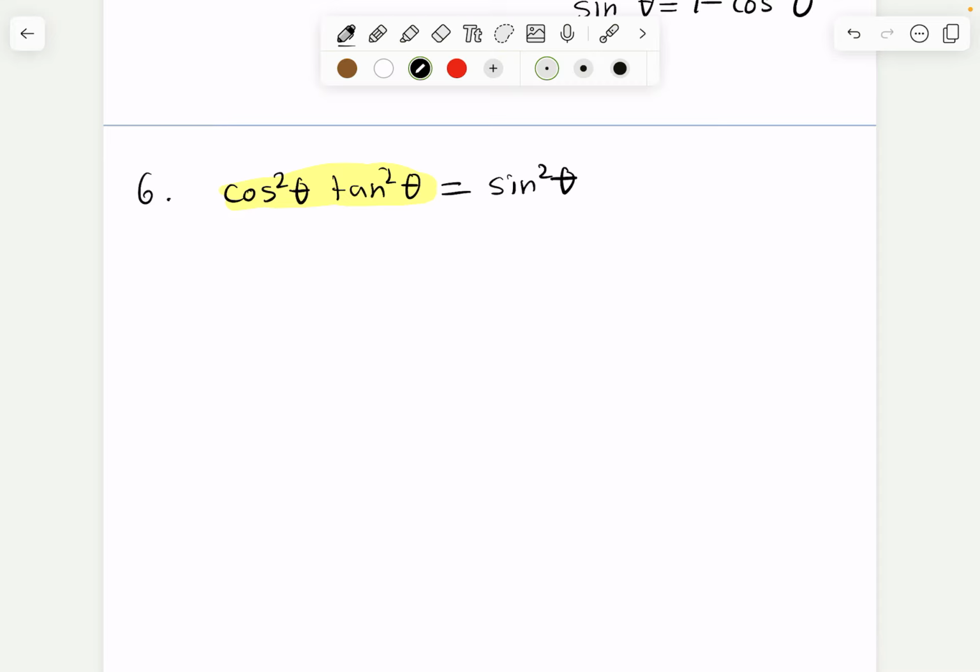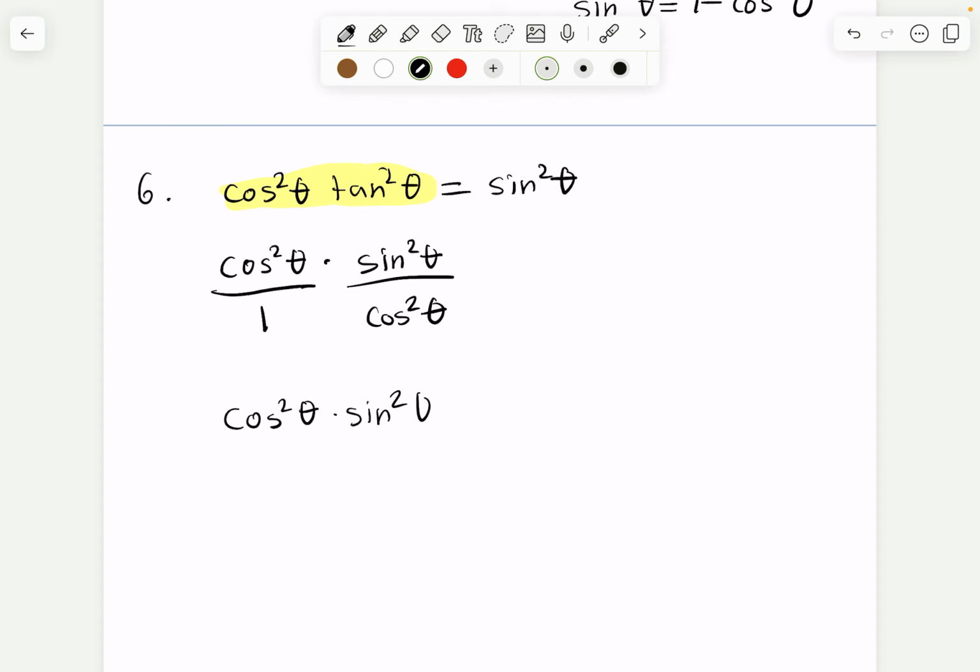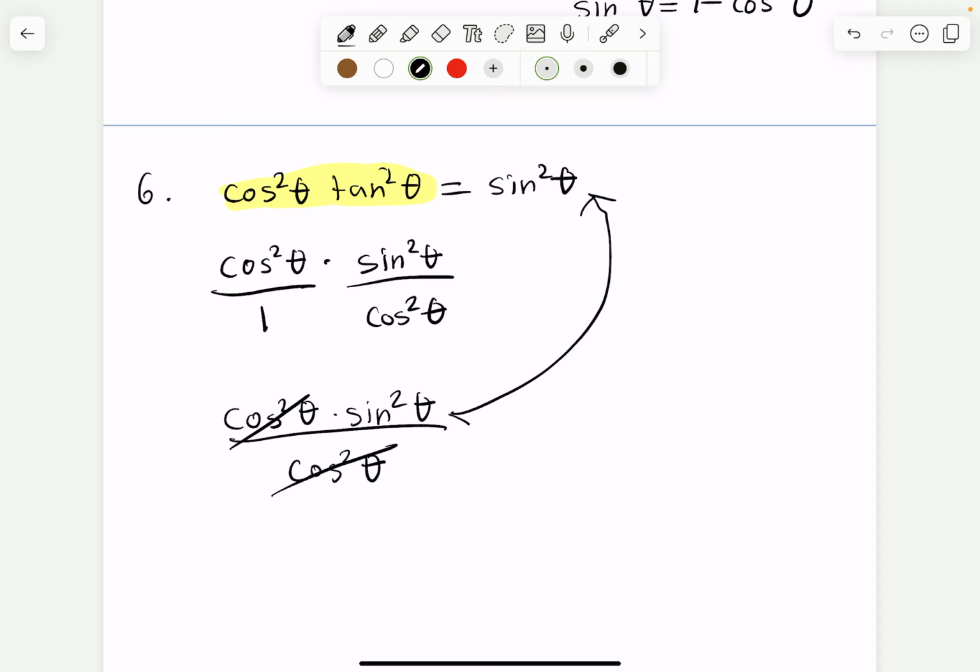So if all I have is sine squared, I probably just want to keep everything in terms of sine and cosine. So I'm going to do cosine squared of theta times sine squared of theta over cosine squared of theta. And you can see as you multiply across, that the cosine squares cross out, and you get the same thing.